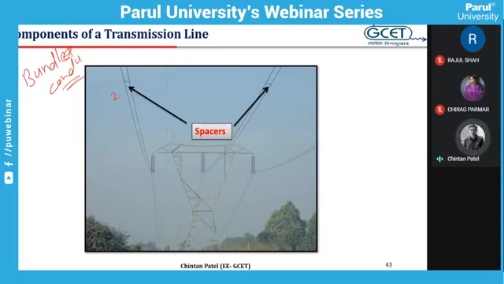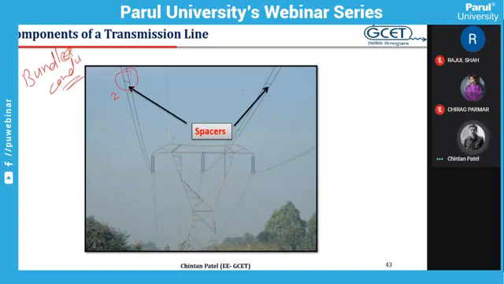So here you can see two conductors are used per phase. So in each phase there are two conductors. Bundle conductors are used mainly to reduce the corona in UHV or EHV transmission lines. And to keep a proper distance between two conductors, the line spacers are used.